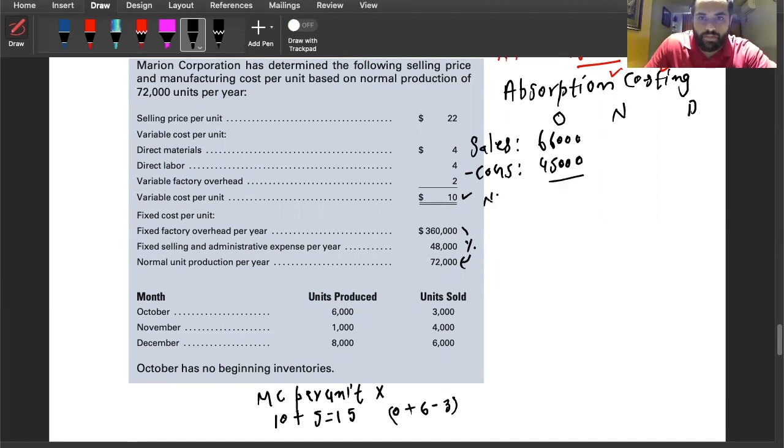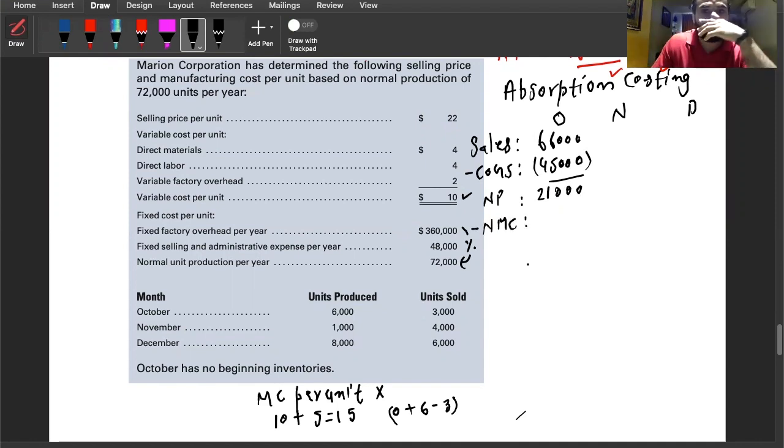So how much is net profit for October? 21,000. Okay. Minus non-manufacturing cost.